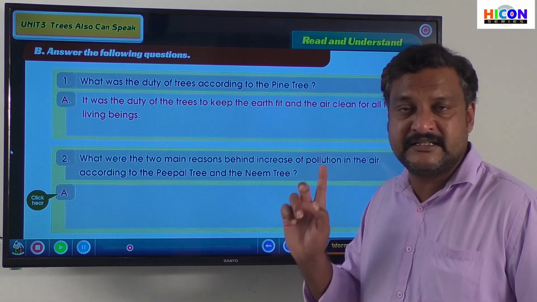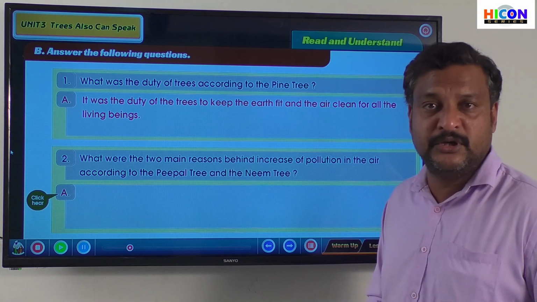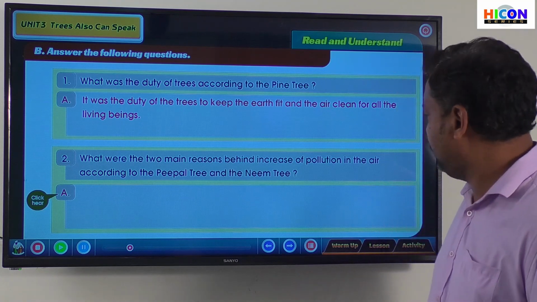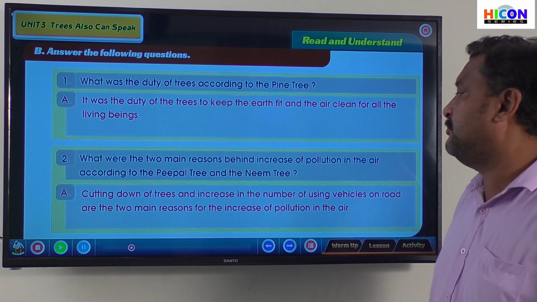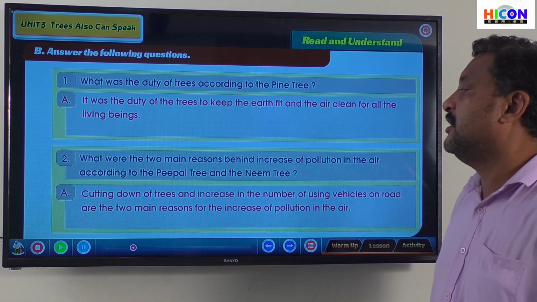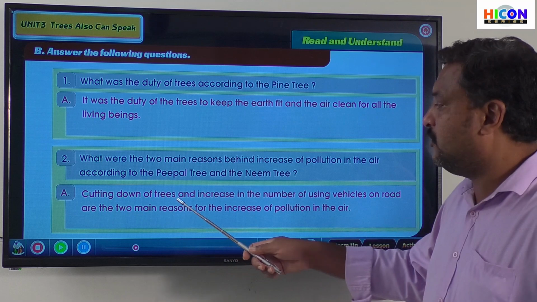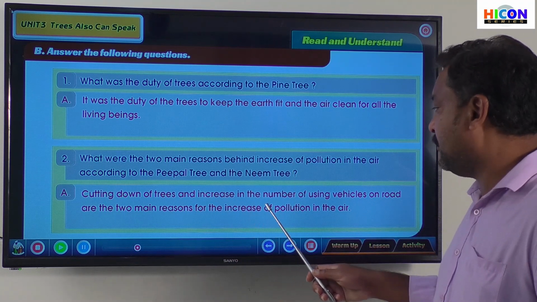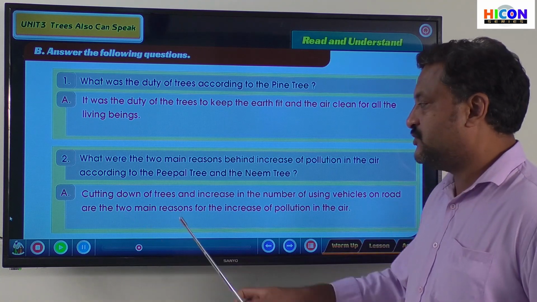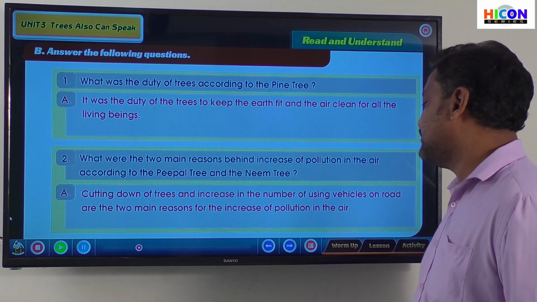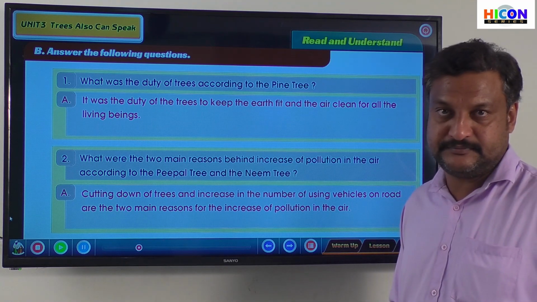So what were those two main reasons of pollution in the air according to the peepal tree and the neem tree? Yeah, cutting down the trees and increase in the number of vehicles on the road are the two main reasons for the increase of pollution in the air.